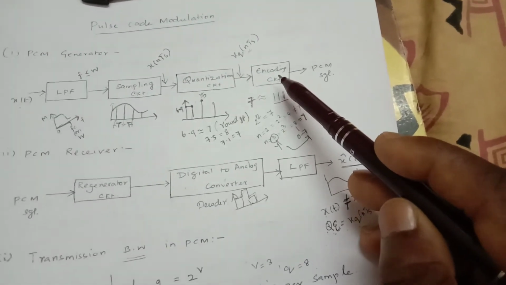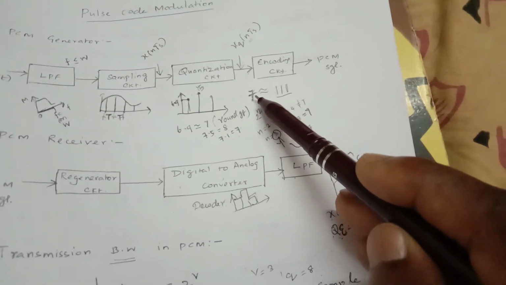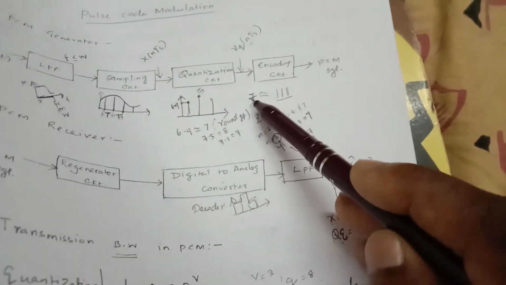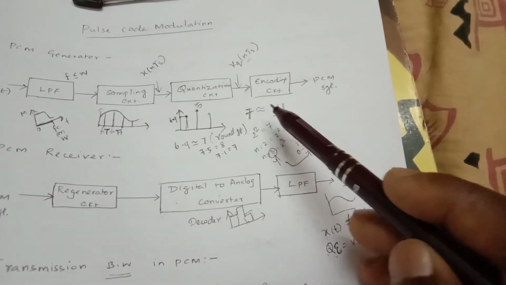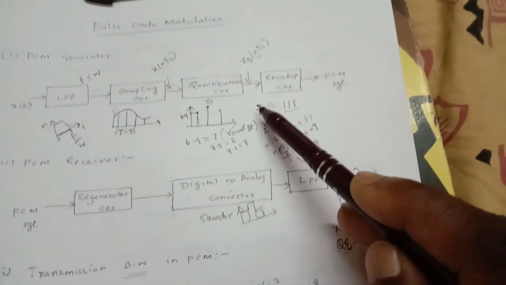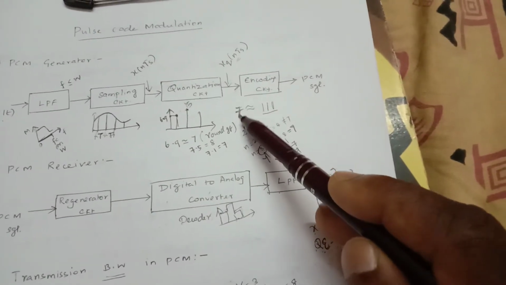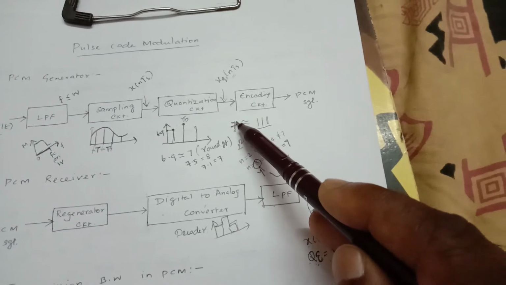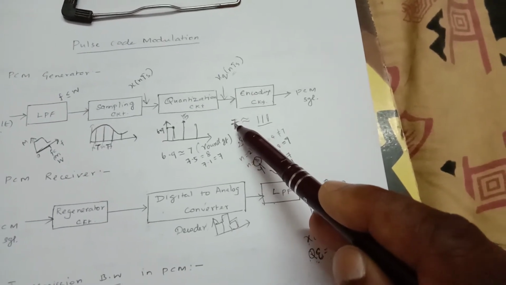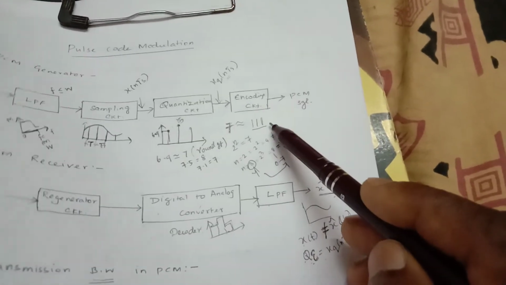Here the encoding circuit encodes the rounded off signal, that is the quantized level values, as coded values. Based on the quantization values, the encoded output is decided. For example, let us consider 7 as the quantized level value. It will be denoted by 111 in binary form.